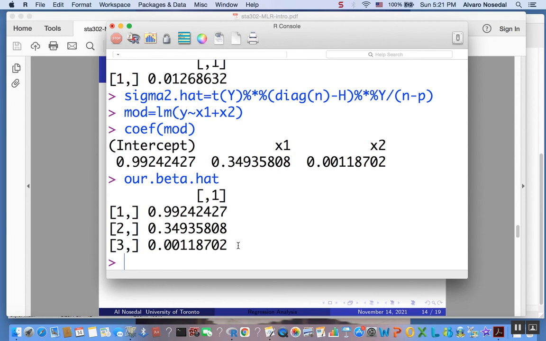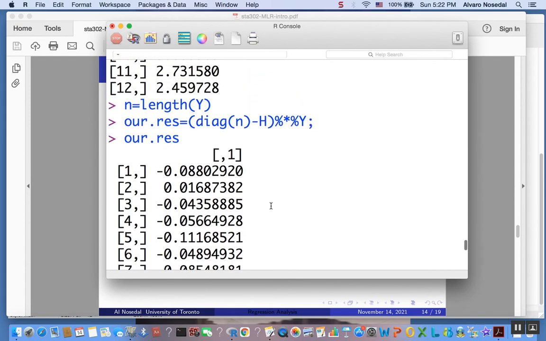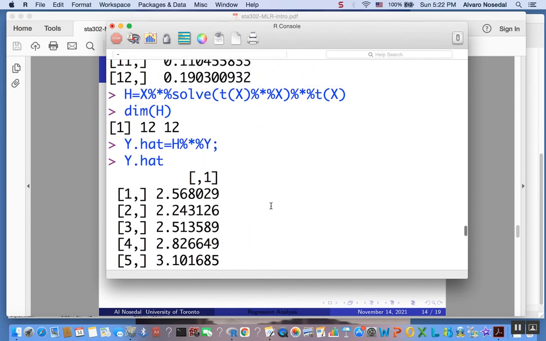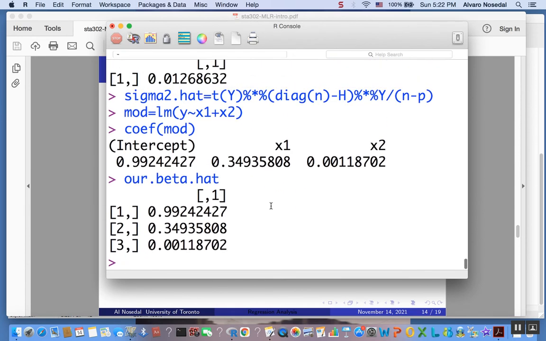So now let's make a comparison between the predicted values using our approach and the ones that you would get using a built-in function. We call them just y hat.